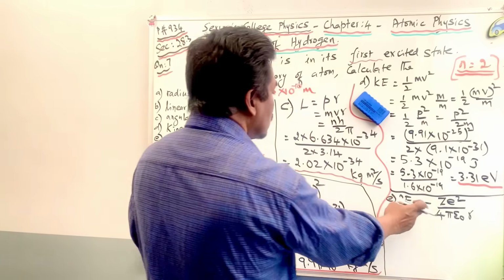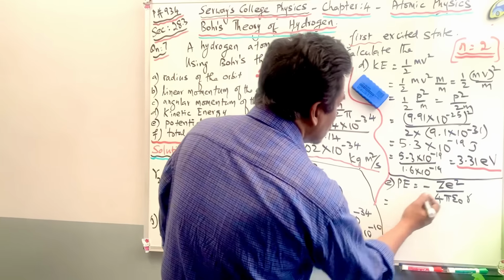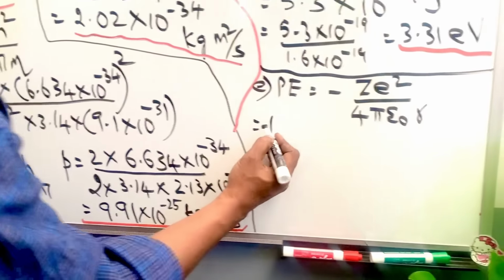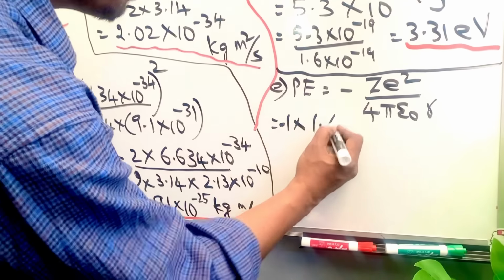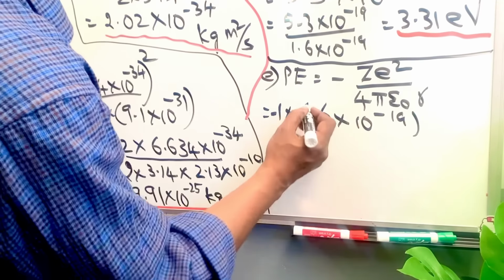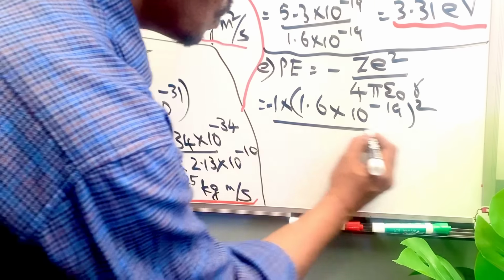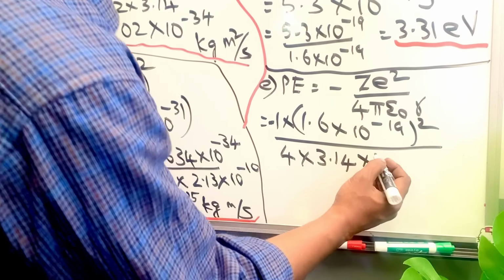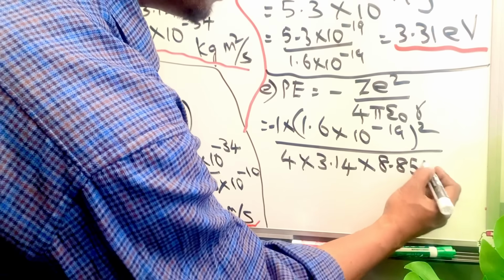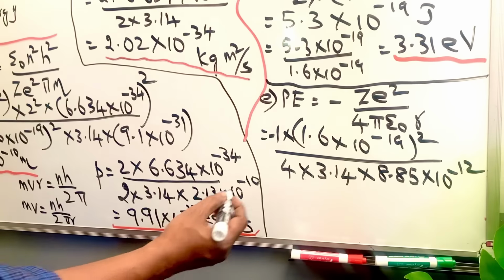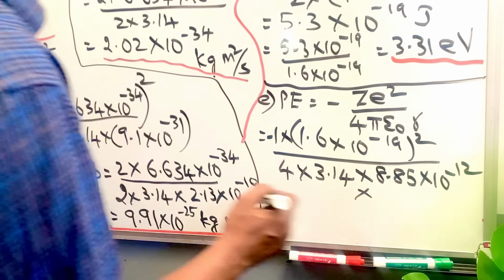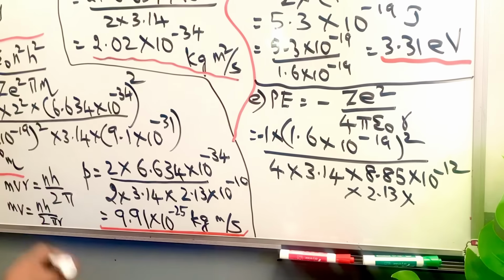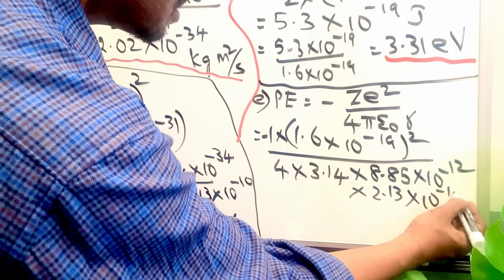So that is why the value is negative. So Z is 1 and the important thing is negative, 1 times the charge of the electron 1.6 times 10 to the power negative 19 squared over 4 times 3.14 times epsilon 0, 8.85 times 10 to the power negative 12, times the radius. Already we know the value of the radius, 2.13 times 10 to the power negative 10.